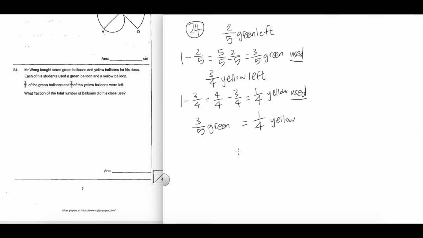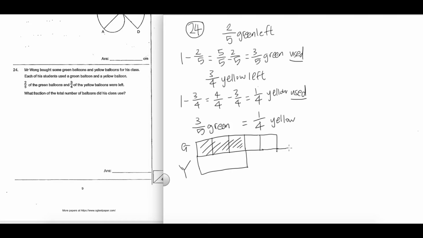Okay, so now I'm going to draw a model. G is for green. Okay, so 3/5 of green will be here. Okay, let's draw yellow. So we already know that 3/5 of green is equals 1 unit of yellow. So that means this is 1 unit of yellow.